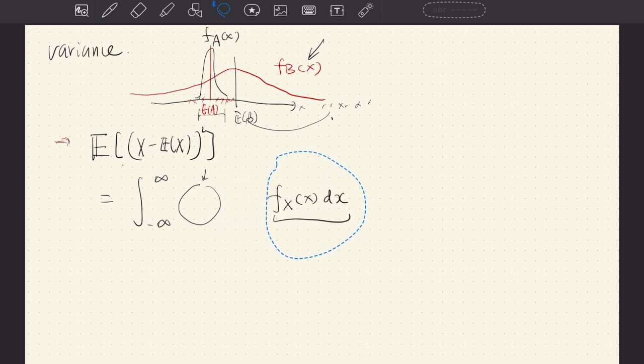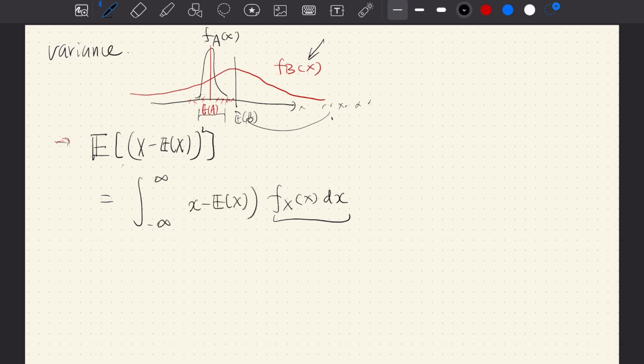This is the probability, but for the first term we're not looking at x. The outcome we're interested in here is (x minus expectation of x) squared. Okay, so this is how you evaluate the variance using probability density functions.